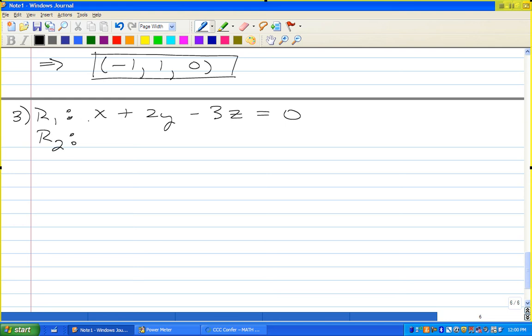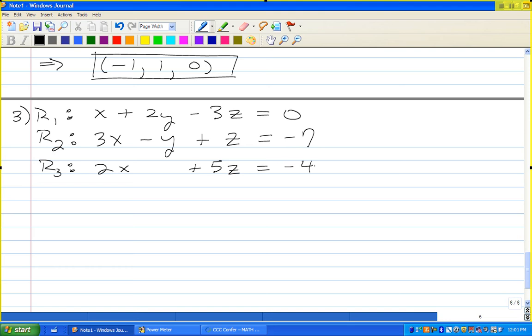R2: 3x minus y plus z equals negative 7. R3: 2x plus 5z equals negative 4.